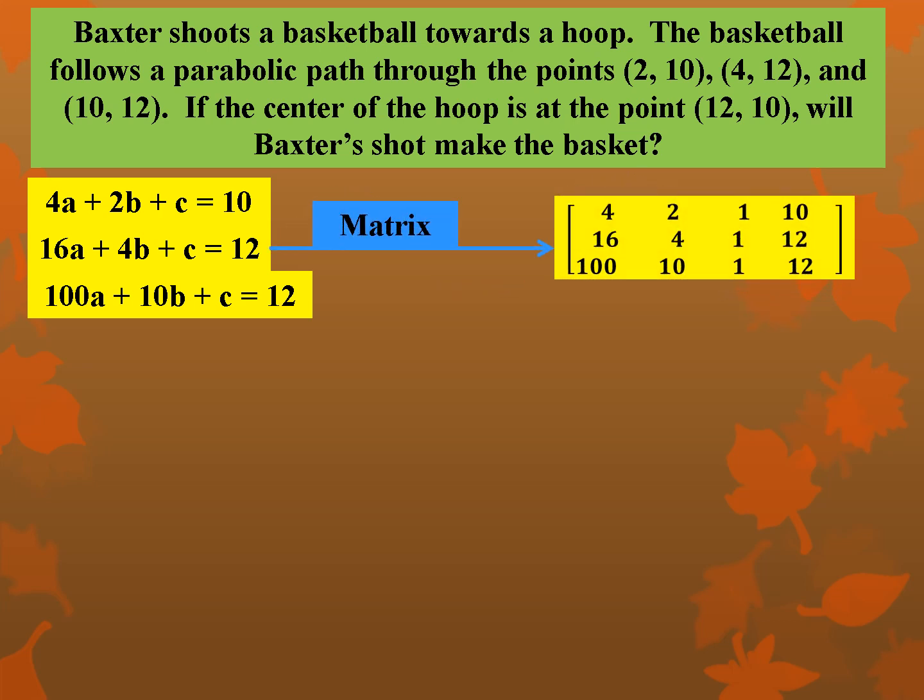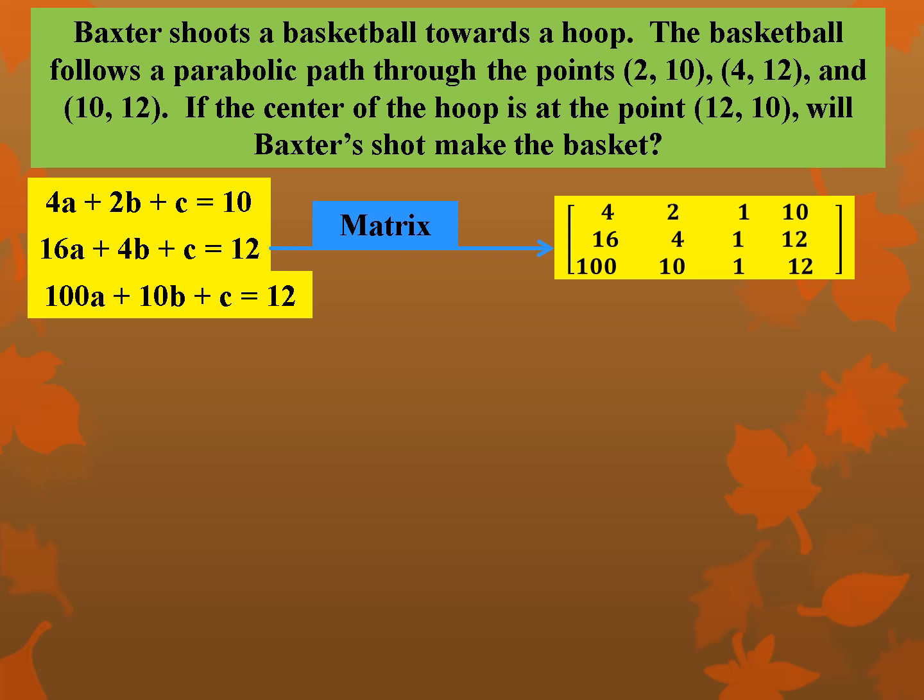So that's how I get 4a plus 2b plus c. That becomes 4, 2, 1, and then 10. The second one becomes 16, 4, 1, and 12. And then the third one becomes 100, 10, 1, and 12. Okay, so we've got our coefficient matrix.